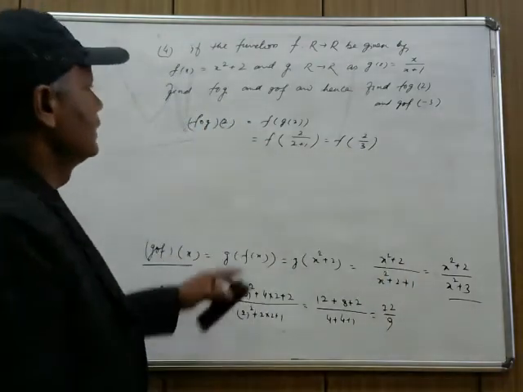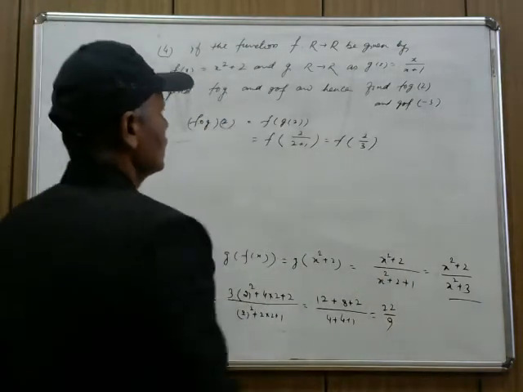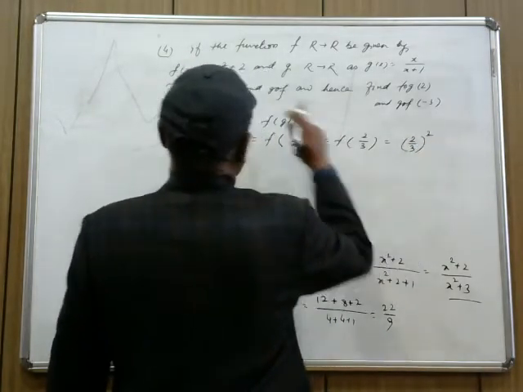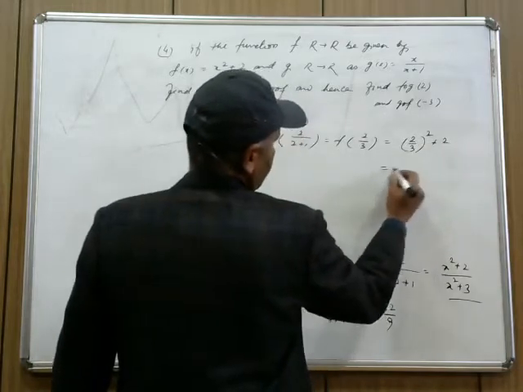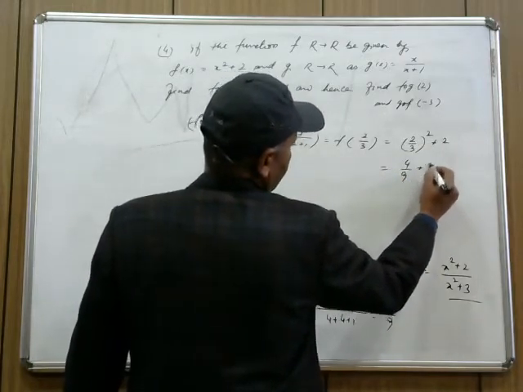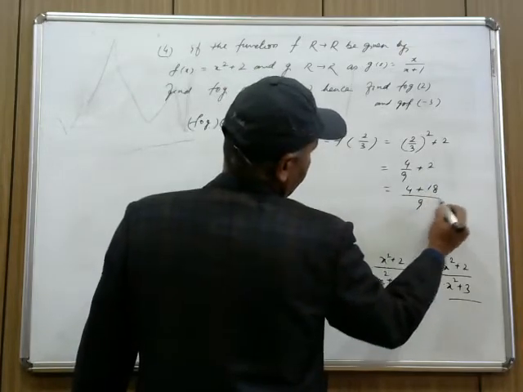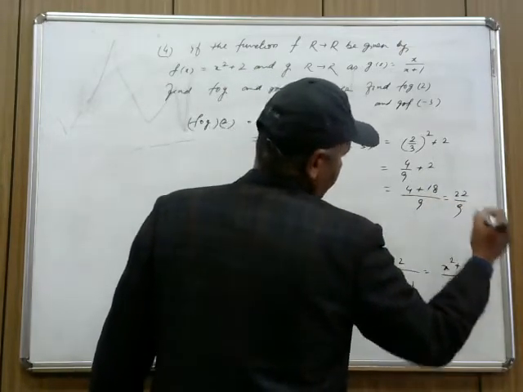And f of x is equal to what? 2 by 3 whole square plus 2. That means 4 by 9 plus 2. Now 4 plus 18 by 9, 22 by 9.